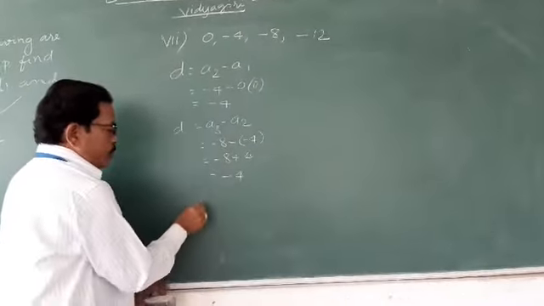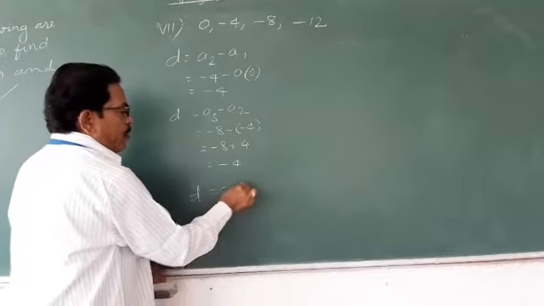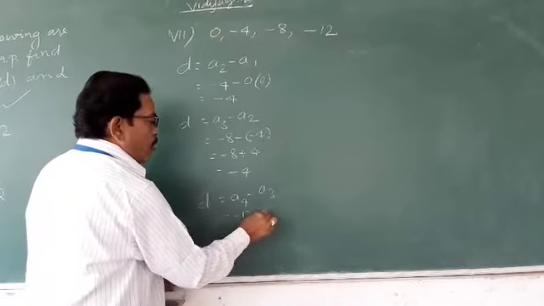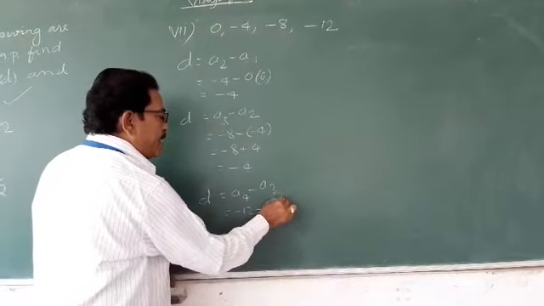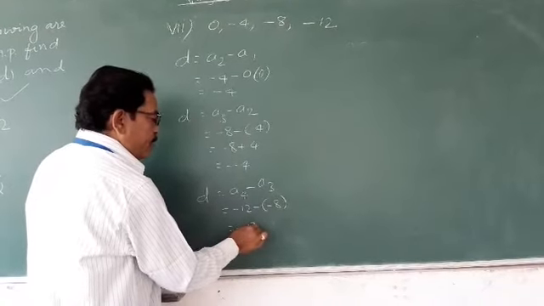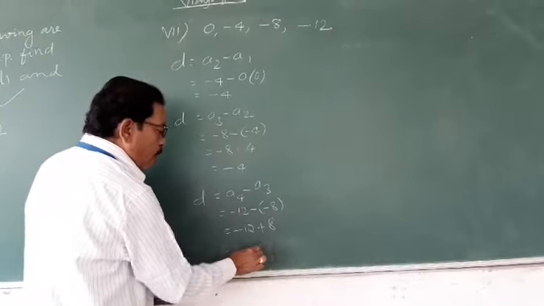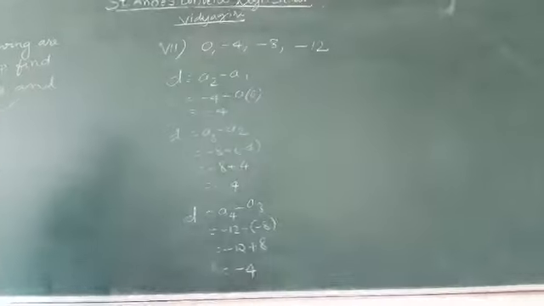Then D equals A4 minus A3. A4 is minus 12, minus of minus 8, that is minus 12 plus 8. Once again we got minus 4.